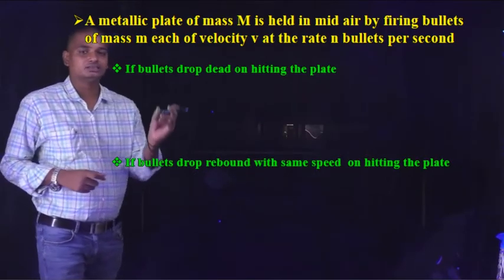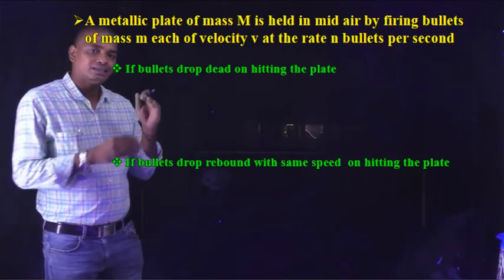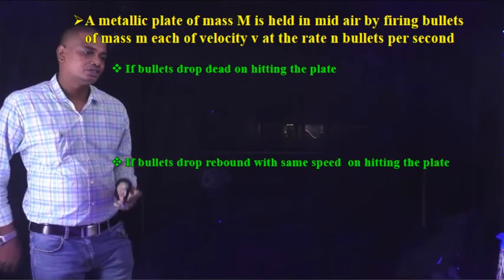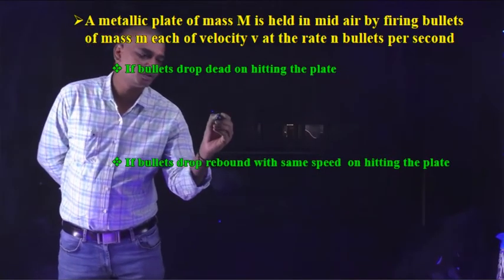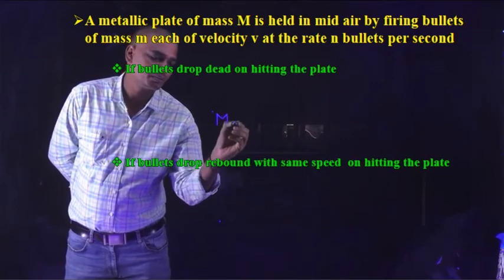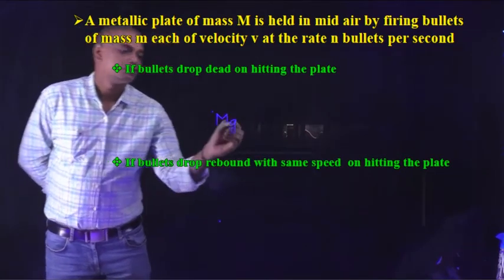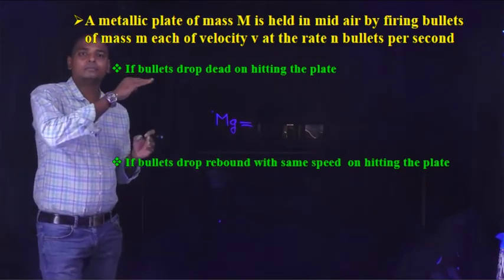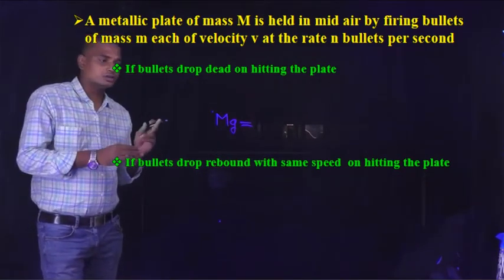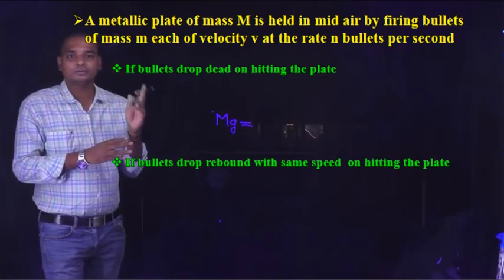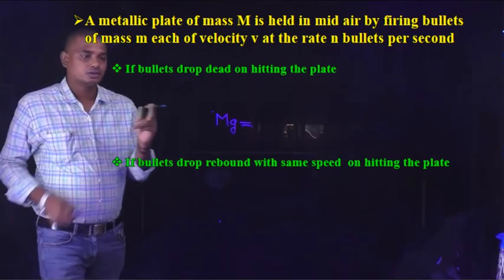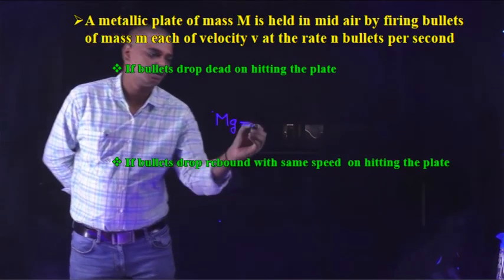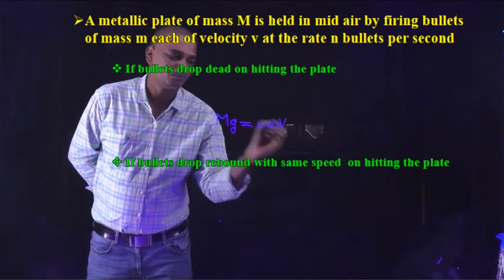If the bullet hits the metallic plate and drops dead, then the weight of the metallic plate, mg, should be equal to the force produced by the gun, that is n into m into v.